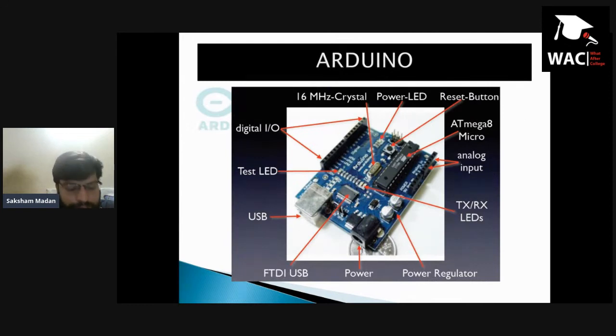So here's the diagram of Arduino. I'm just going to explain everything over here. This is an Arduino Uno. It's a variant of Arduino. It has an Atmega microcontroller; in particular, Arduino Uno has the Atmega 328. Then we have analog inputs, from here to here.